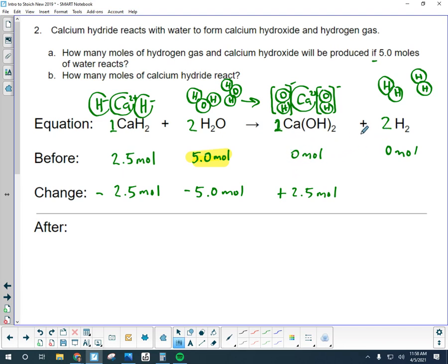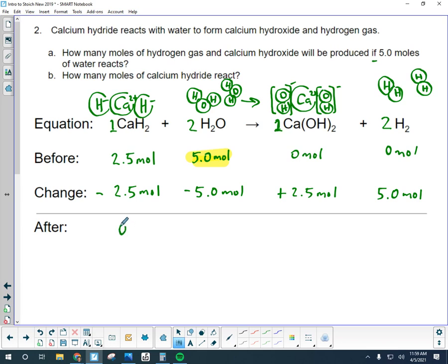This needs to be in a 1-to-2 ratio in how much is produced, so it needs to be twice as many moles. Or, checking back to our reactant side of the equation, these have the same coefficient, so the same mole amount should be involved in the change line. So the change line is what reflects your coefficients, because the chemical equation is telling you what happens when the reaction occurs.